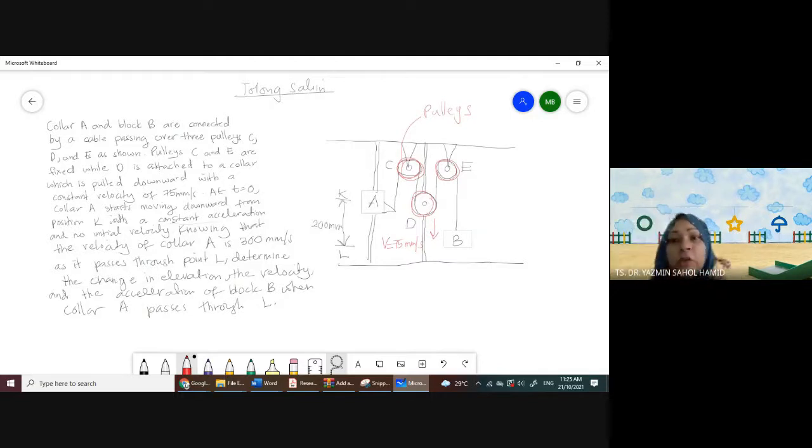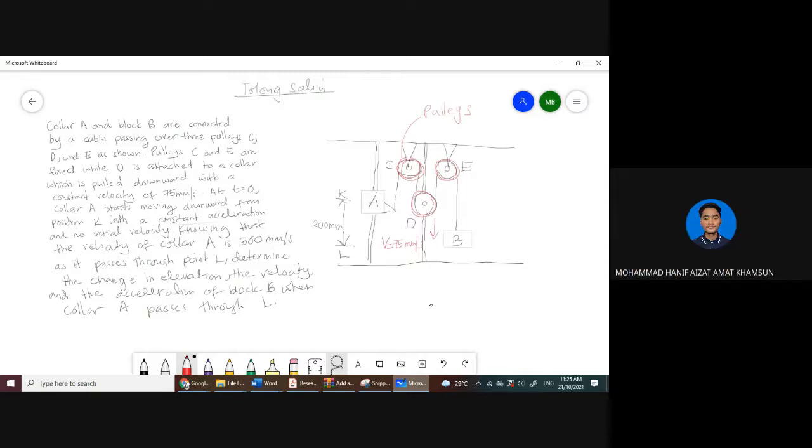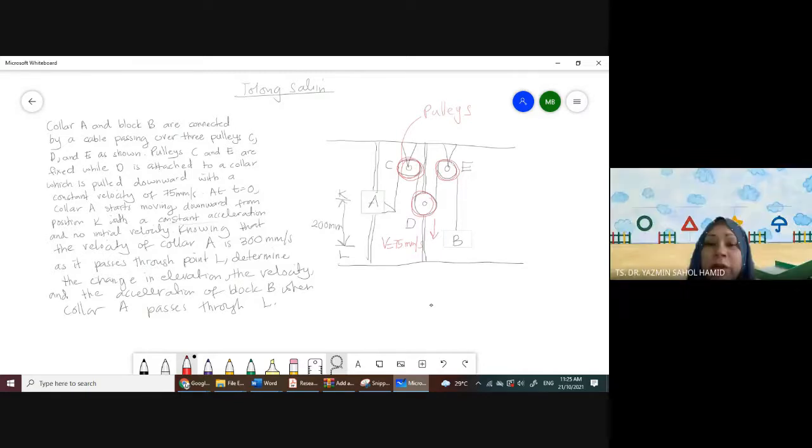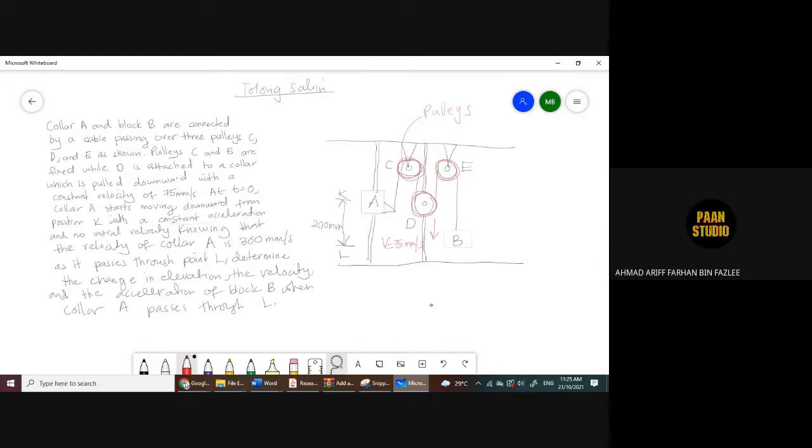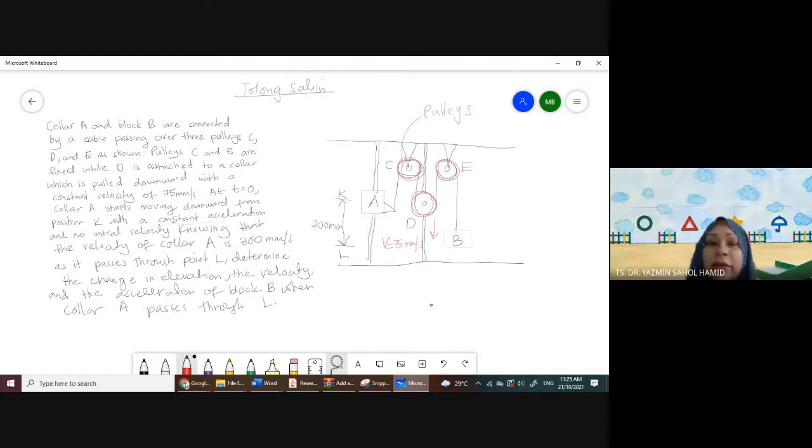As you can see, it says here it is pulled down. So if we assume anything that is going down is positive, whatever answer we get that is negative means it is going up. Right now, pulley D is going downwards with a velocity of 75 millimeter per second, so we have assumed this to be positive.